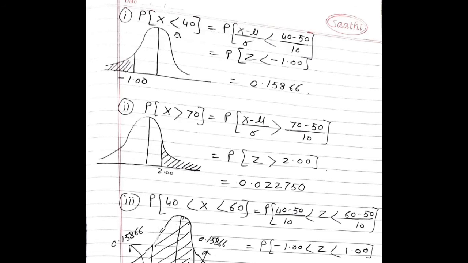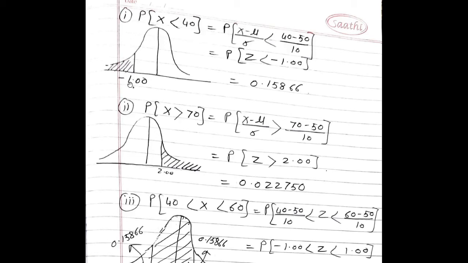Then we want probability x less than 40, which is equal to probability (x minus mu) upon sigma less than (40 minus 50) upon 10, which can be considered as probability z less than minus 1.00. So draw the curve. Minus 1.00 will come on the left hand side of the curve, and less part means the tail portion will get marked.